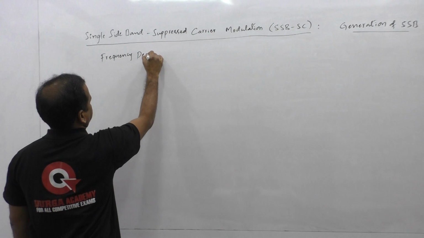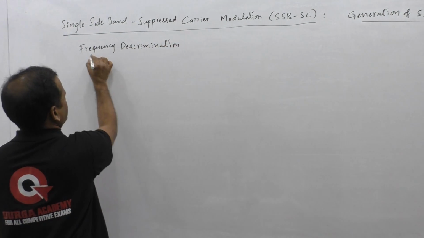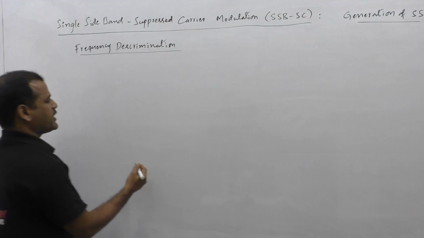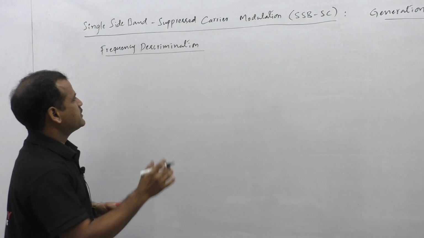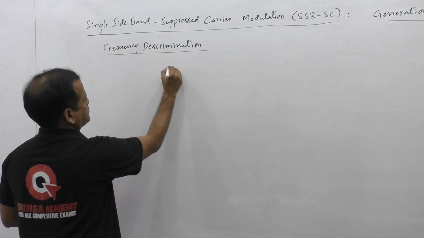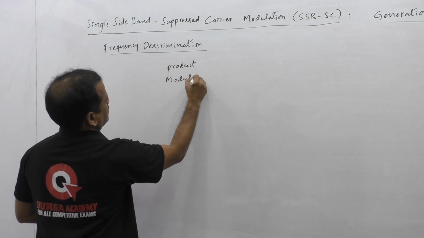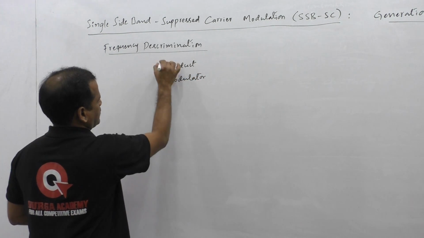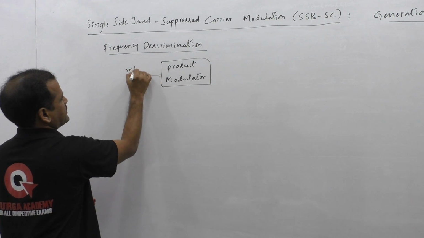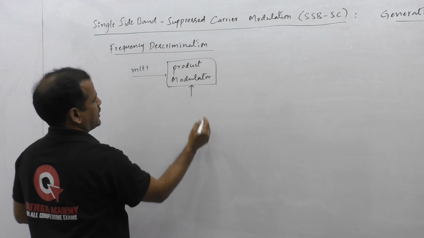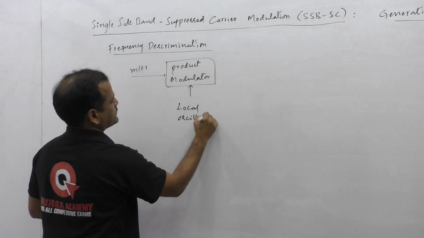The frequency discrimination method, the block diagram follows like this. A message signal and carrier signal are first applied to a product modulator. For this product modulator we apply the message signal m of t at the input side, and with the help of a local oscillator we take a carrier signal here.